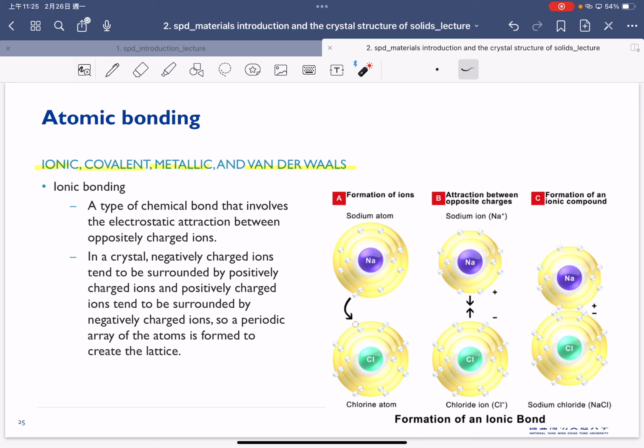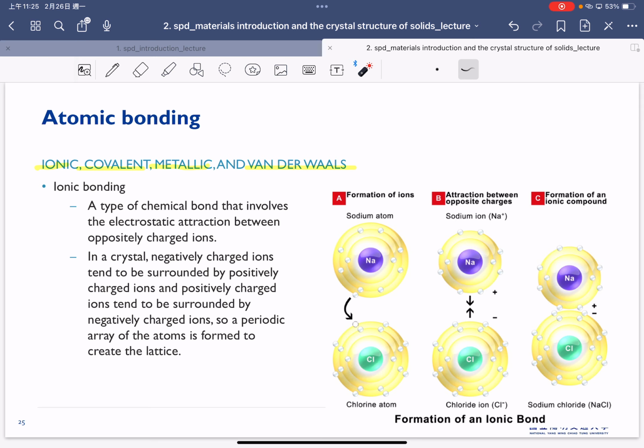In a crystal, negatively charged ions tend to be surrounded by positively charged ions, and positively charged ions tend to be surrounded by negatively charged ions. I think this description is easy to understand. You can go through it by yourself.